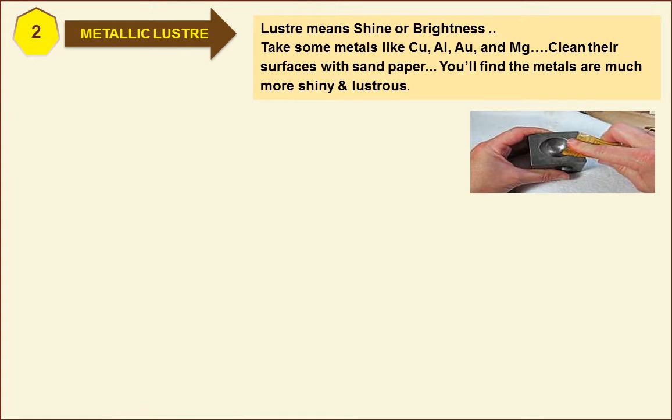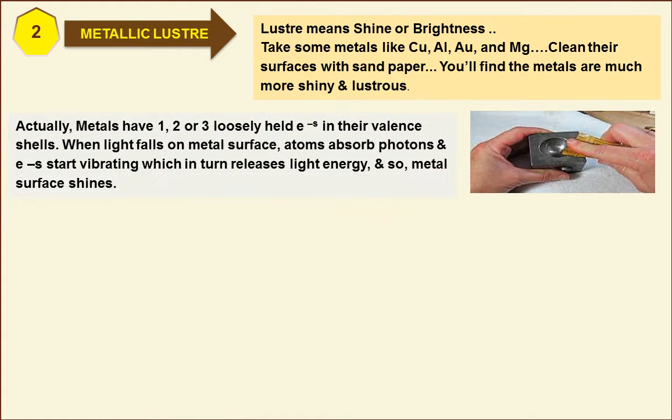Actually, metals have 1, 2 or 3 loosely held electrons in their valence shell. When light falls on the metallic surface, metals absorb photons and electrons get excited and start vibrating, which in turn releases light energy, so the metal surface shines.